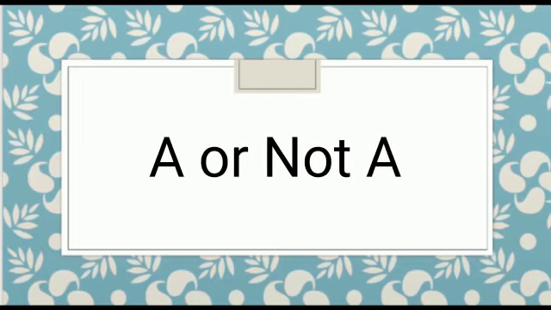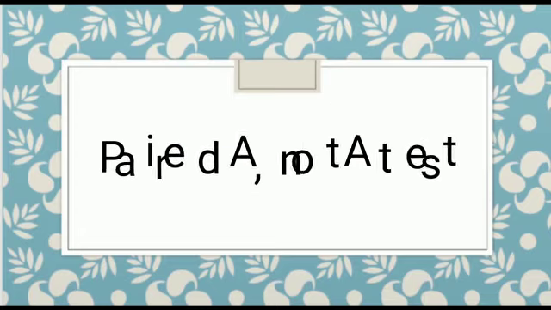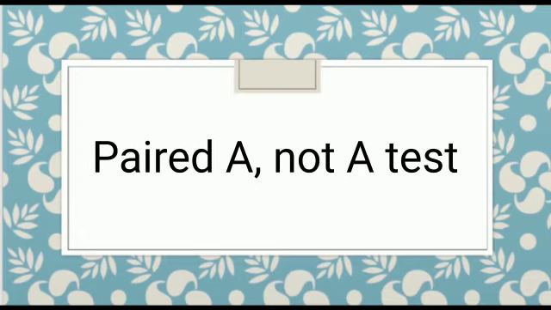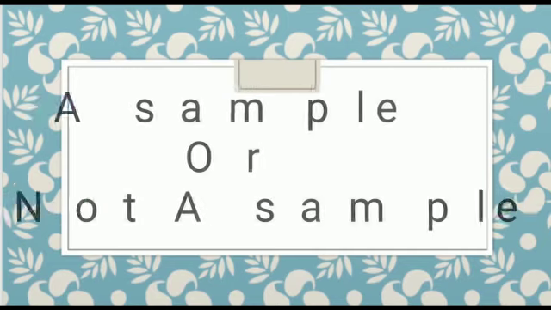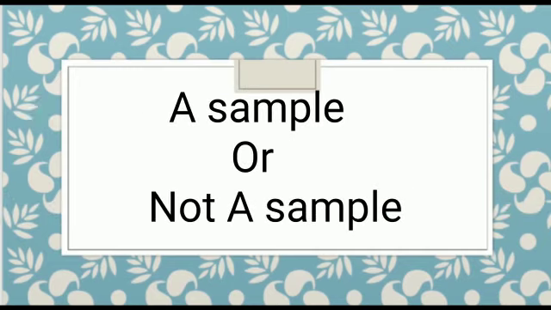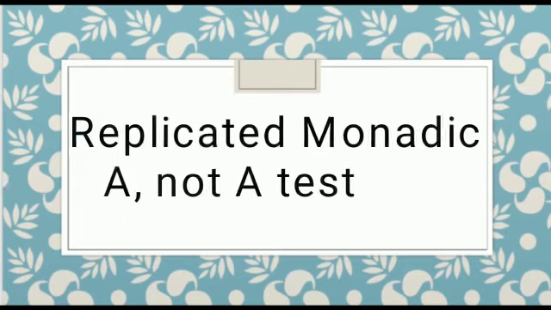Then, a single sample will be given for tasting and asked whether it is A or not A sample. Next is the paired A not A test. In this, samples like a standard A not A test will be given. Then the panel will be given two samples and asked whether the sample is A or not A.